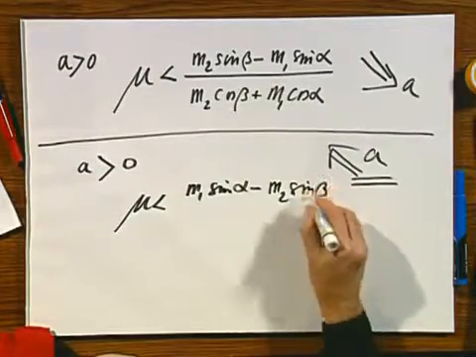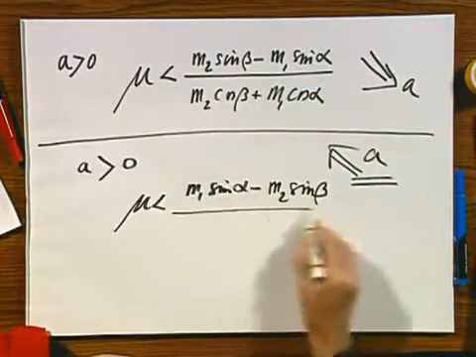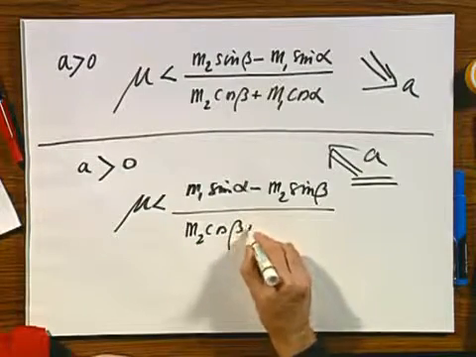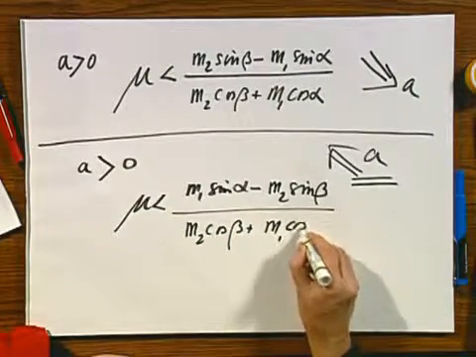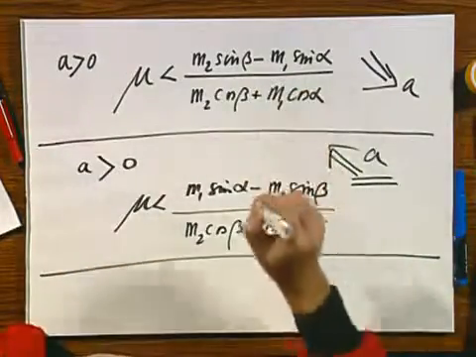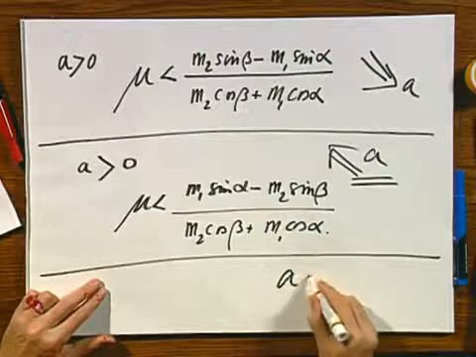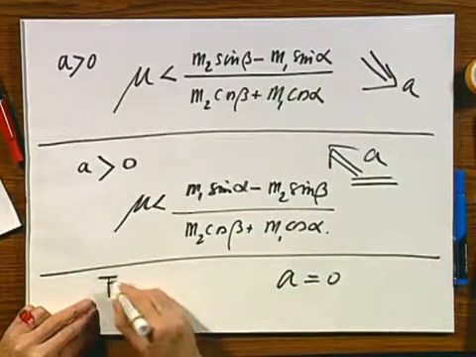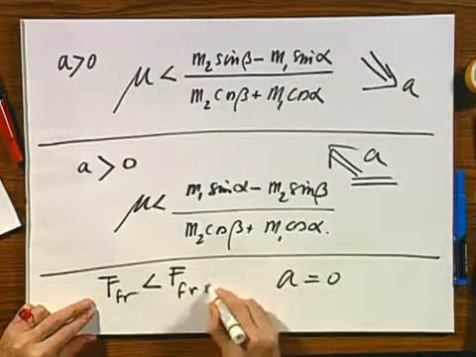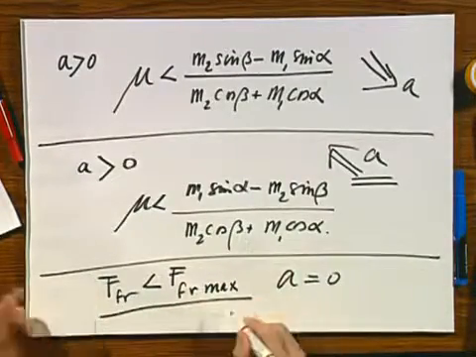It shouldn't surprise you that the upstairs changes sign, and the downstairs is exactly the same, M2 cosine beta plus M1 cosine alpha. In all other cases, A equals 0, and the frictional force will be in general smaller than the maximum frictional force and could even be 0.